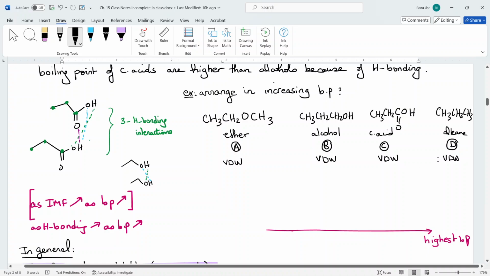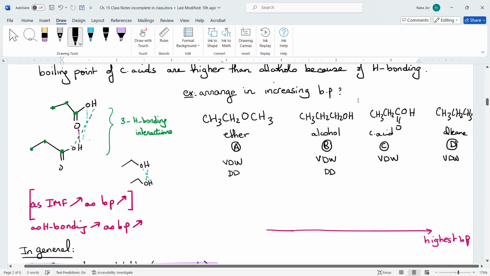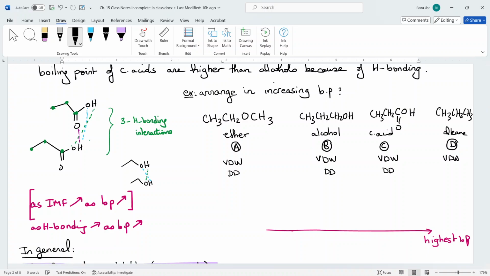Now for the dipole-dipole, if you have an electronegative element, then you have a dipole-dipole interaction. I have a dipole-dipole here and there, because I have an electronegative oxygen. But the alkane has no dipole-dipole. The alkane only has the van der Waals forces. That's it.